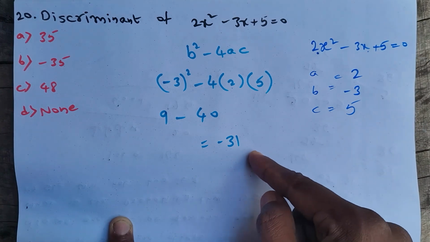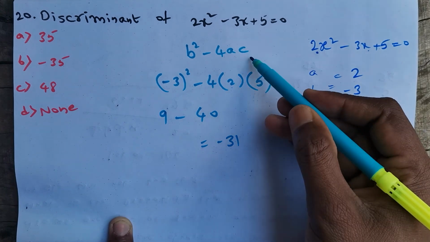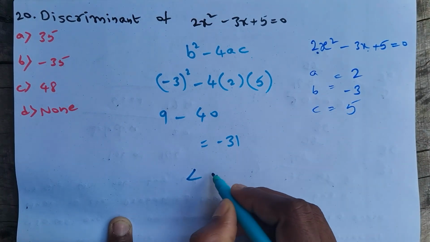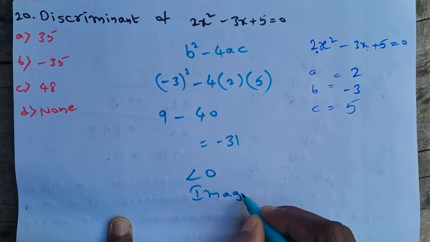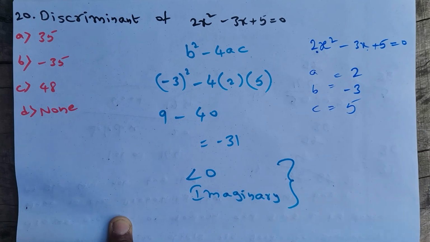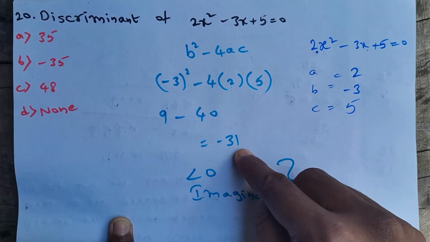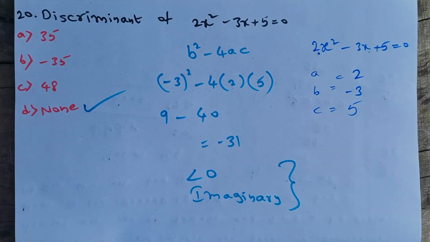In case he is asking about the nature of the roots, then we will say b square minus 4ac is minus 31, which is less than 0. Then the roots are imaginary roots. These two steps will come extra in nature. So till here it is discriminant. So the discriminant is minus 31, but that option is not there. So option D is the correct option. None.